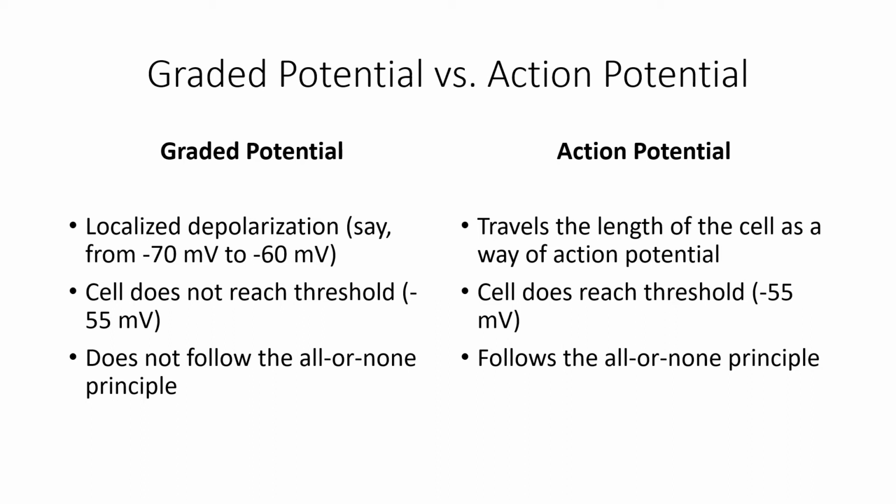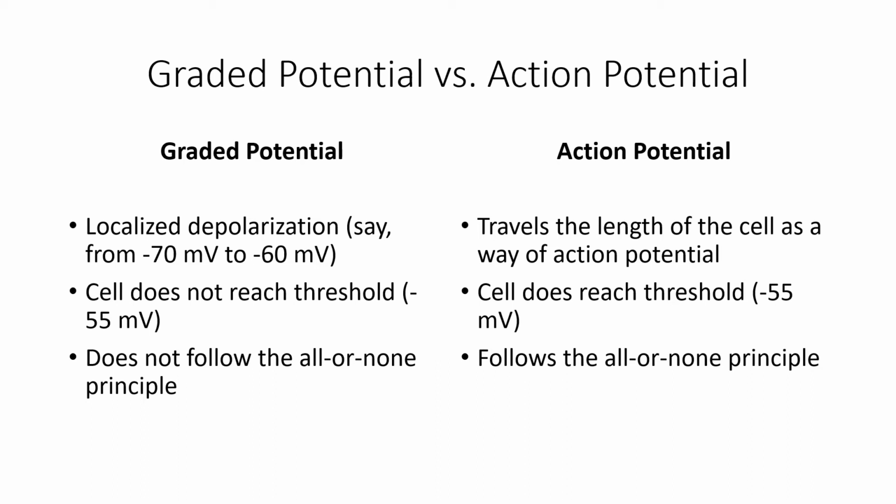Now, if everybody is in on it and everybody says, hey, that looks like fun, and they throw their arms in the air, and the next thing you know, you have the wave circulating around the football stadium, you've now created threshold. You've hit that number needed in order for an action potential to generate, and we now have the all or none principle that's been met. Everybody's doing the wave. So in order to create an action potential, you have to hit threshold. If you don't hit -55 millivolts, then all you have is a graded potential.